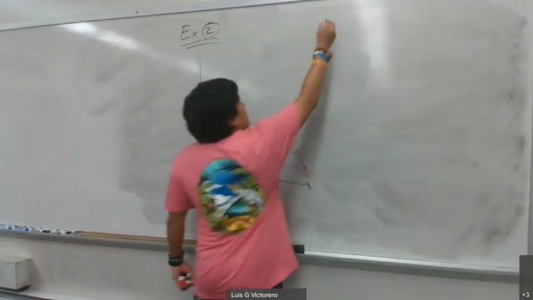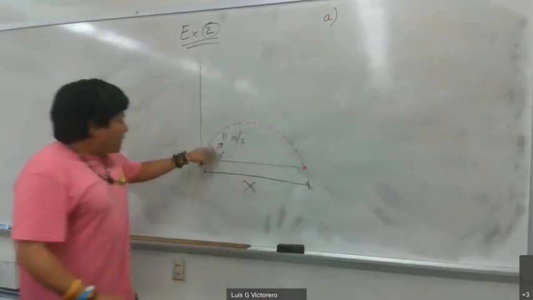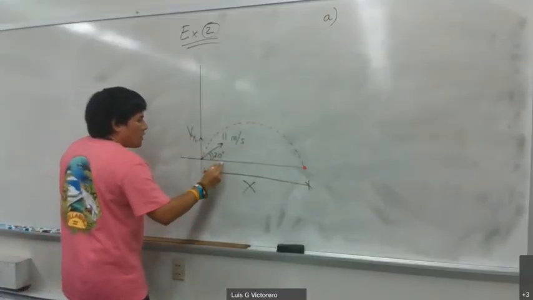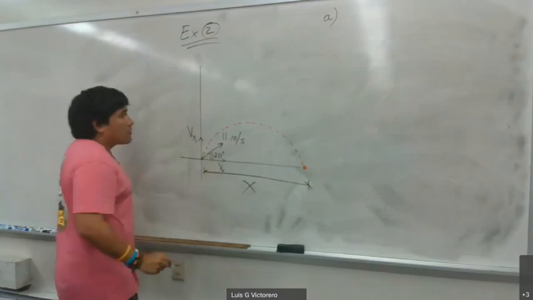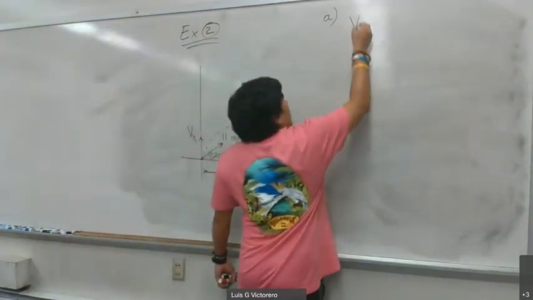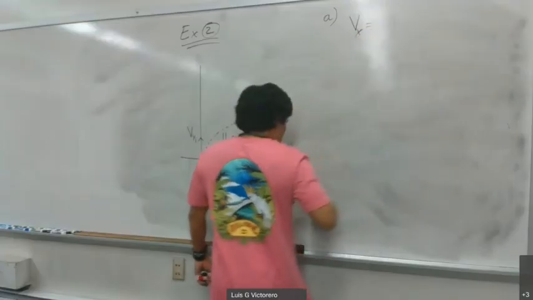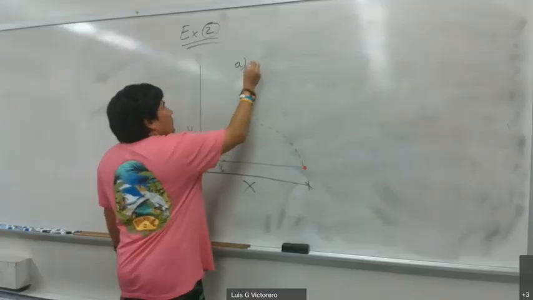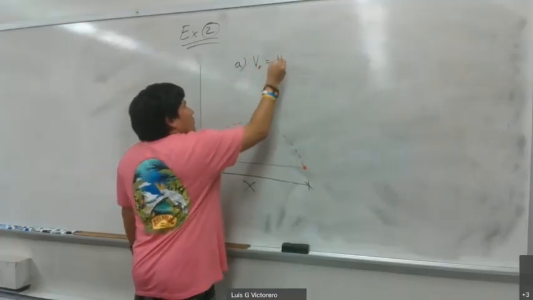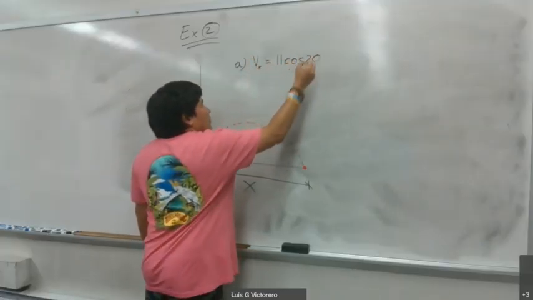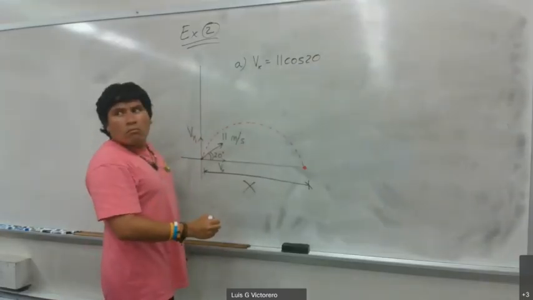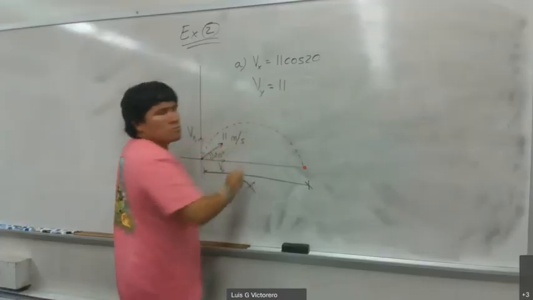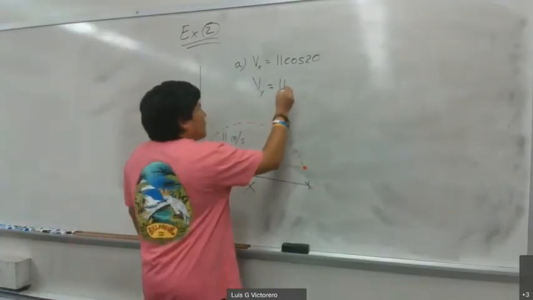First step, we break it into components in X and Y. So Vx initial equals 11 cosine 20.